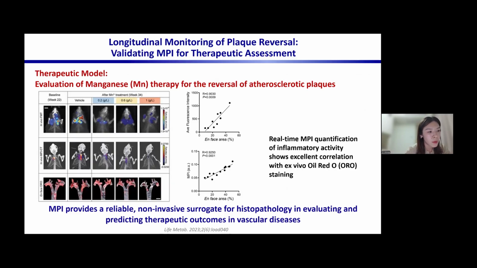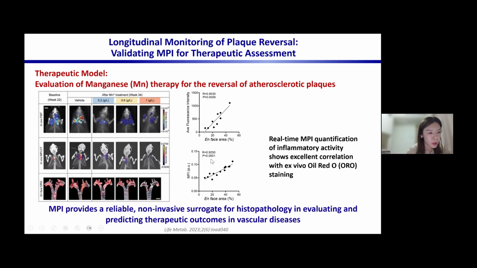In conventional animal research, the gold standard for evaluating plaque size is ex vivo Oil Red O staining, this bottom row here. But this method is invasive and only gives you a single snapshot in time. With MPI, we can perform non-invasive in vivo quantification of the plaque signal. This not only reflects the plaque size, but also its inflammatory status over time.